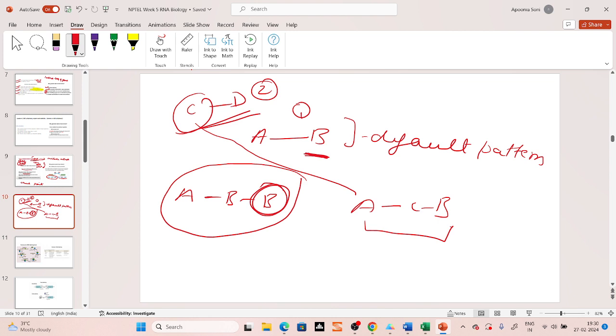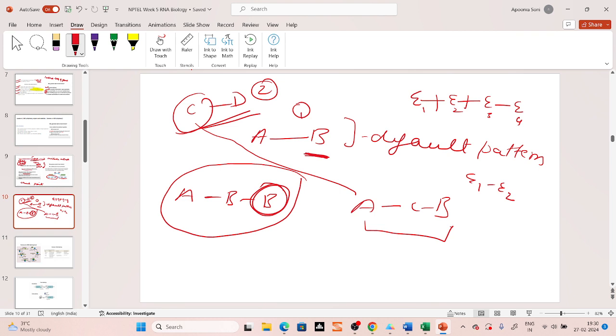So this shuffling of pattern of exons occurs because there are intronic regions in between. Why intronic regions? Because the way in which these introns are getting spliced, the way in which these introns are getting looped out, decides what will be the pattern of the exons that will be formed. Like we have already discussed, if this is your exon, exon, exon, and this and this are getting looped out, then we will have E1, E2.